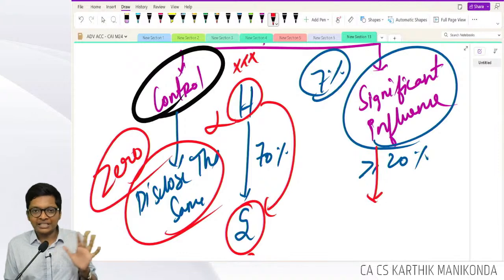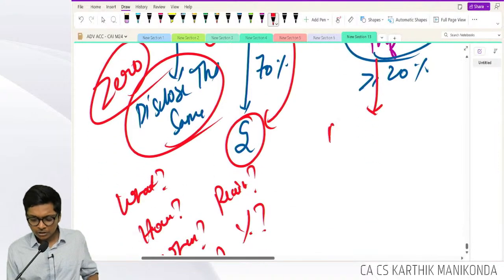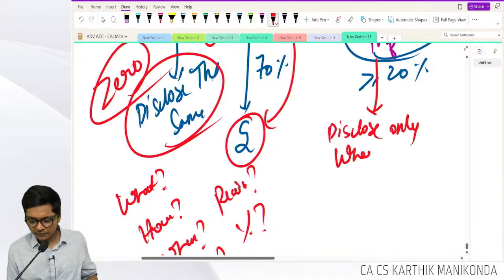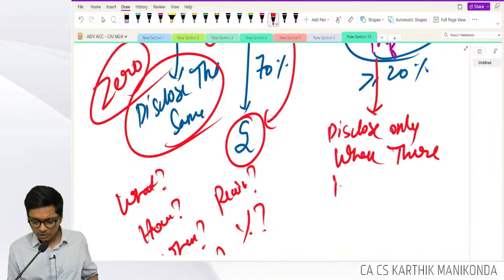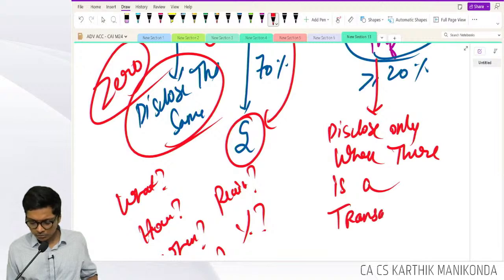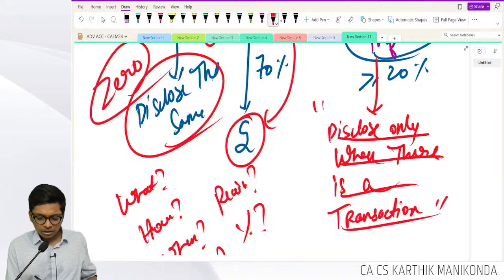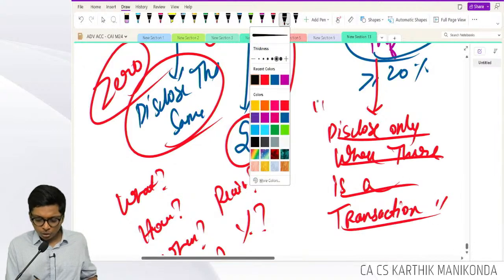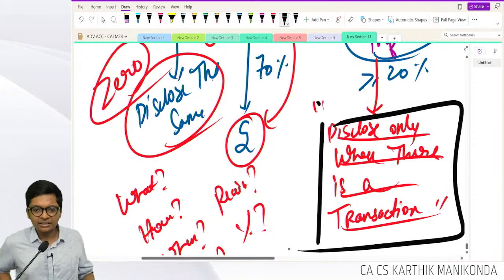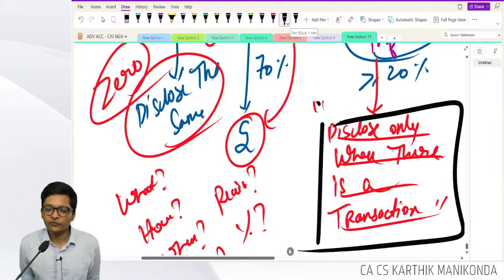Significant influence, on the other hand, disclose only when there is a transaction. Are you following, guys?